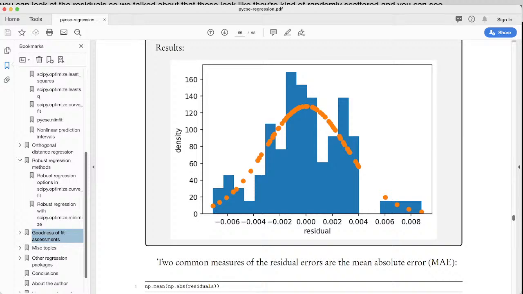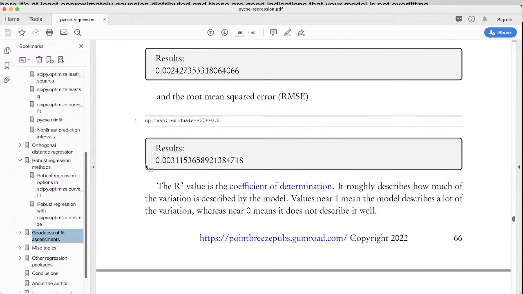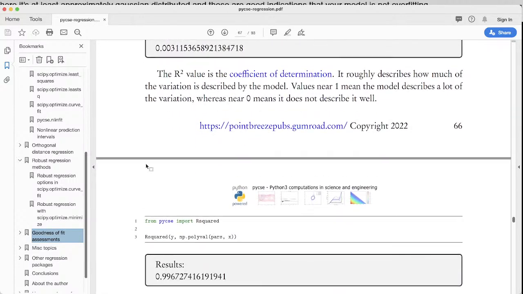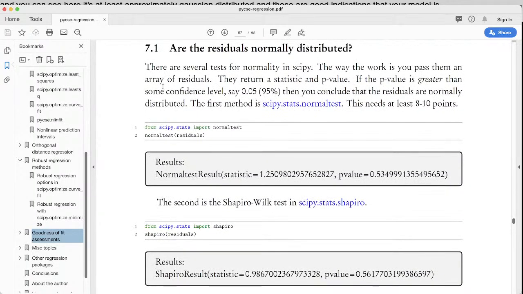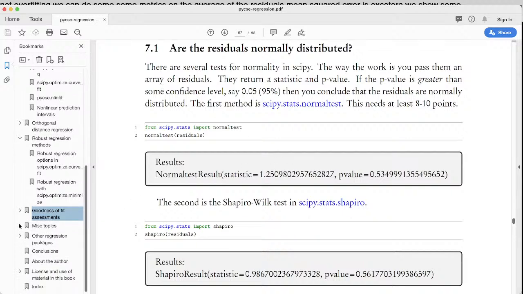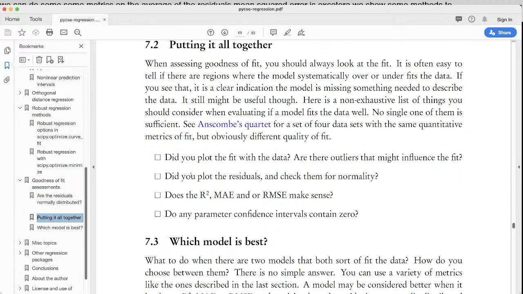And those are good indications that your model is not overfitting. We can do some metrics on the average of the residuals, mean squared errors, etc. We show some methods to determine if your residuals are normally distributed using analysis, and then we put it all together to figure out how do you know if your model is reasonable and something you should use.